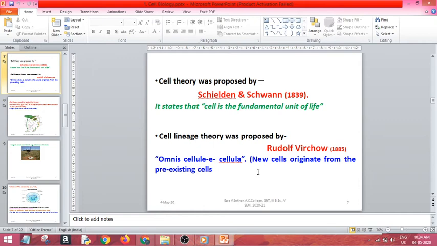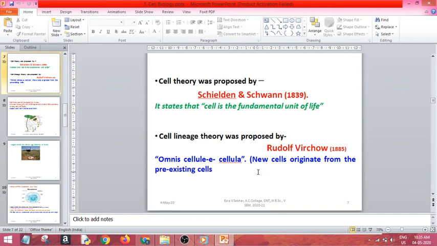In living organisms there are two types: unicellular organisms and multicellular organisms. All the higher organisms like plants and animals, including man, are made up of more than one cell, so they are commonly called multicellular organisms.